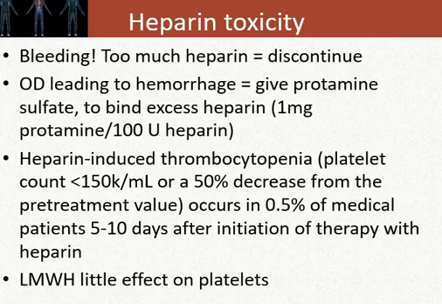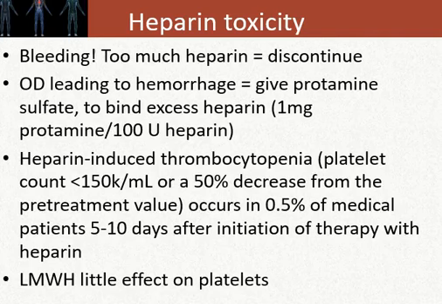Okay, the one key major adverse effect is heparin-induced thrombocytopenia, sometimes called HIT, H-I-T. And here the platelet count falls to less than 150,000 platelets per ml, or it's essentially a 50% decrease from the pre-treatment value for that patient. And it occurs in less than half of 1% of all medical patients that are treated with heparin.